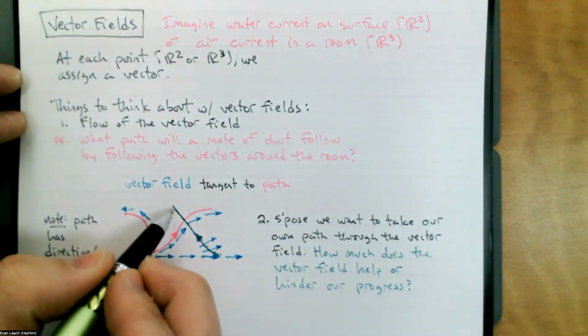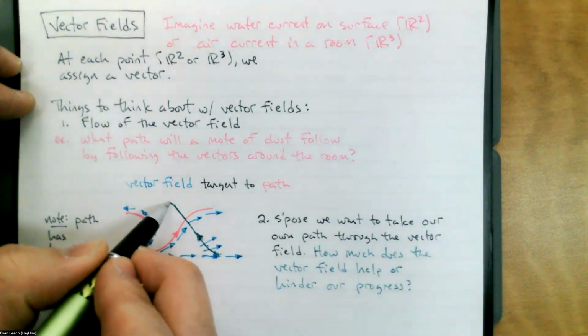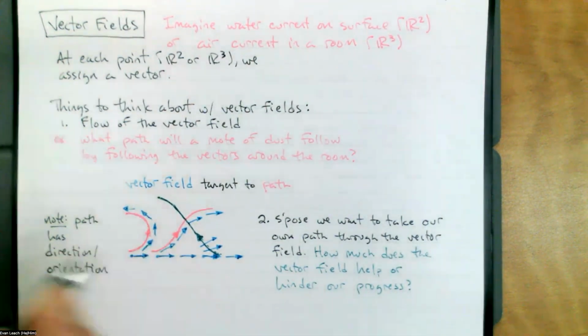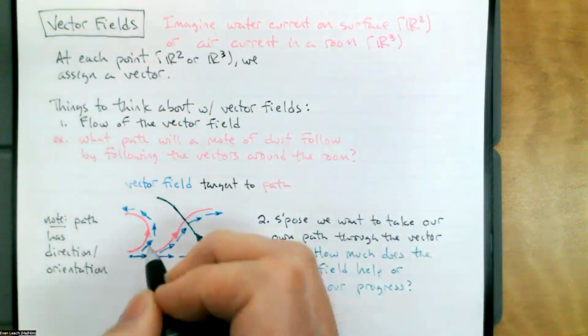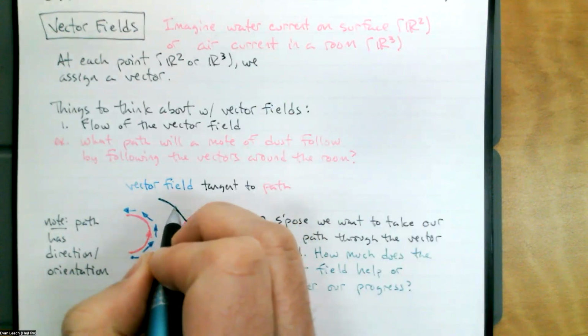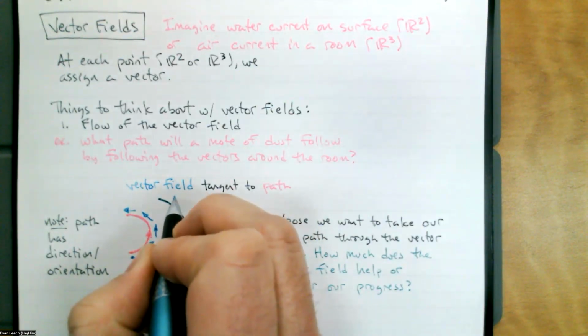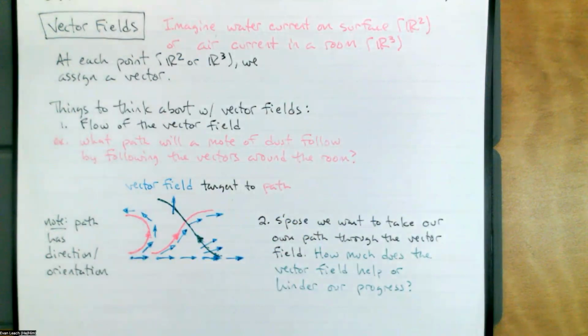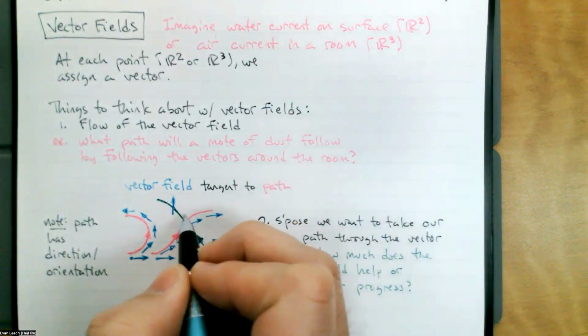But we continue our path. And at some point, these vectors are turning around. So at this point, the vectors are vertical when we get to this point in the path. Maybe at one point, we're even perpendicular.